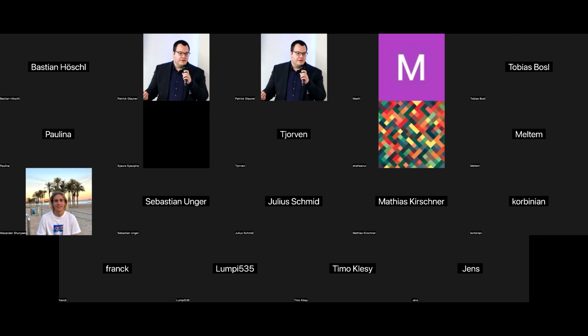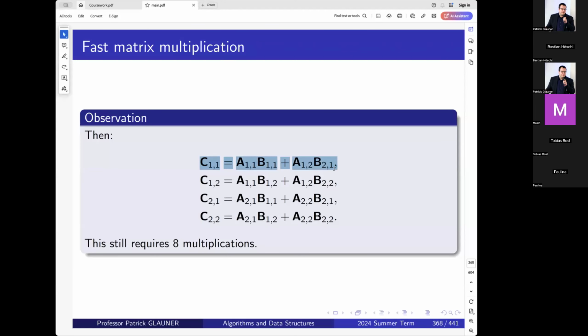But it will very soon. And what I had just shown you was this calculation of C11, which is A11 times B11 plus A12 times B21. And these remaining 3 I had not written out, but I had shown you in total, it's still 8 multiplications.